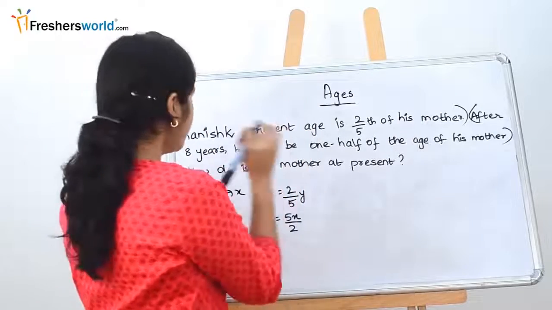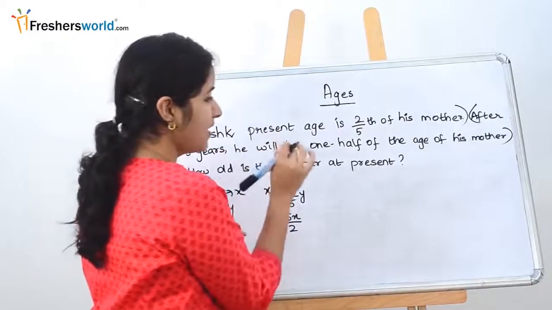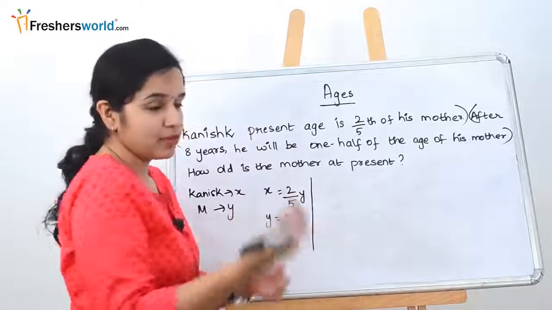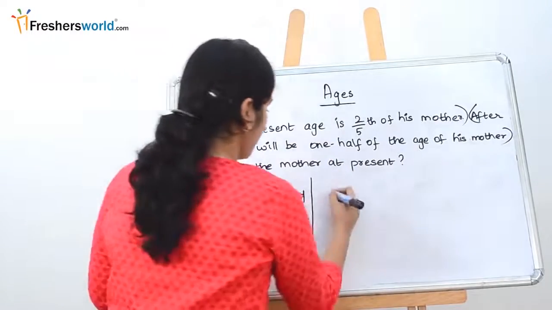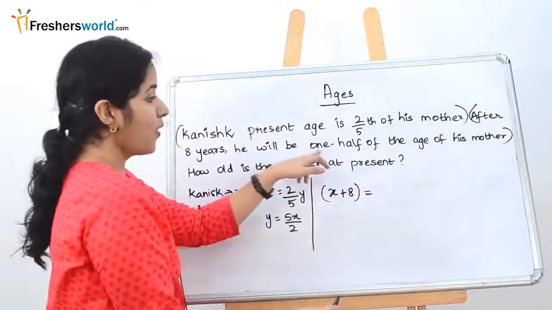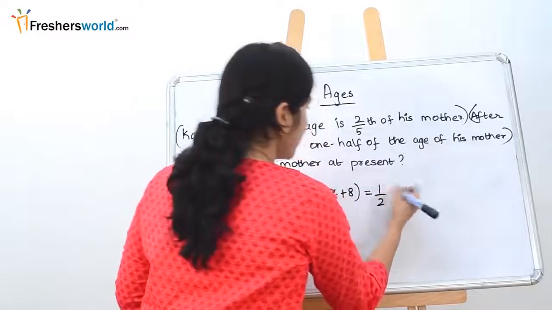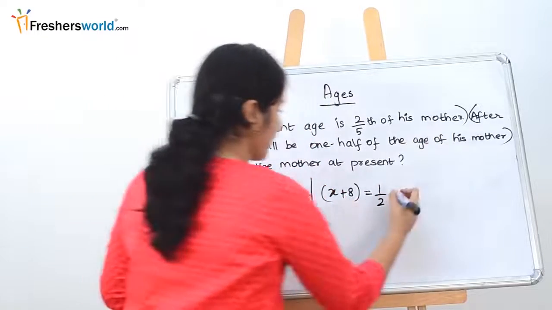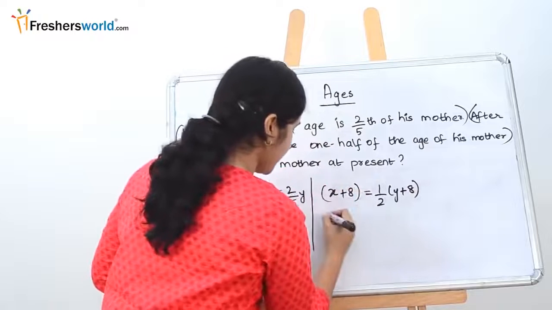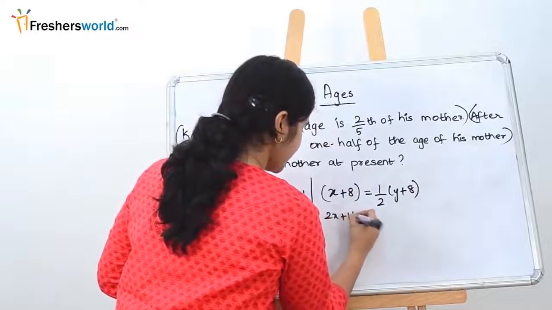Next, after 8 years, he will be 1/2 of the age of his mother. So after 8 years, the word after means we have to add. After 8 years, Kanishk's age will be half of the age of his mother. Mother's age is Y, so Y plus 8. So just cross multiply, 2x plus 16.